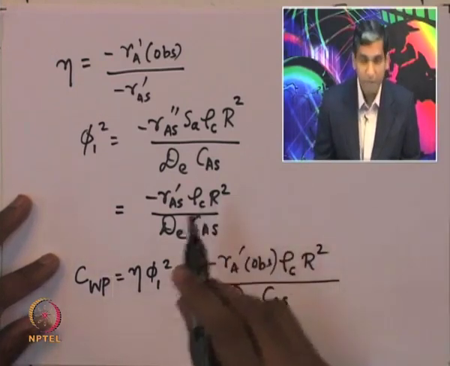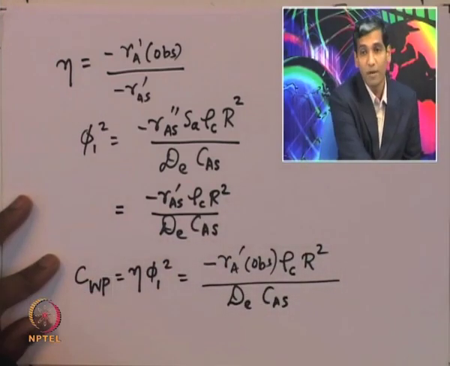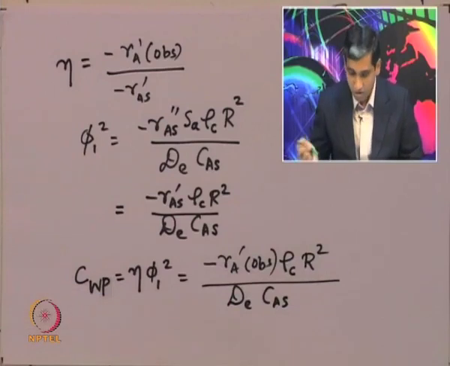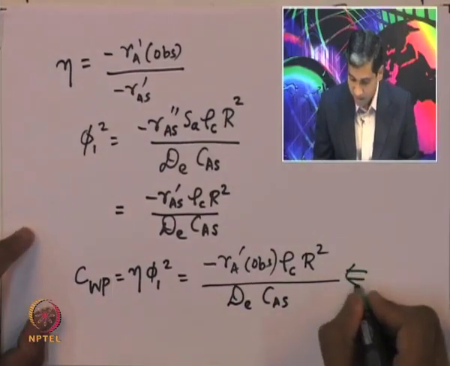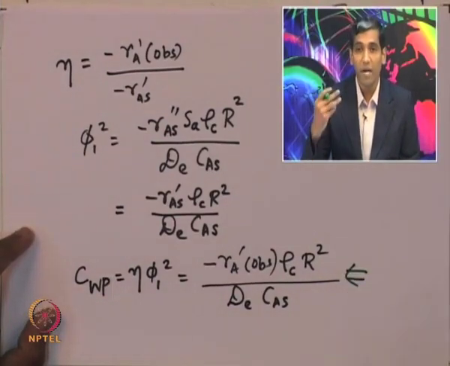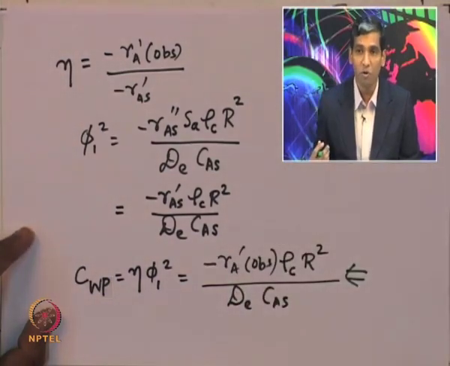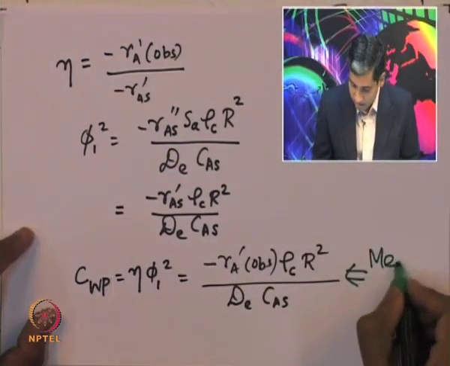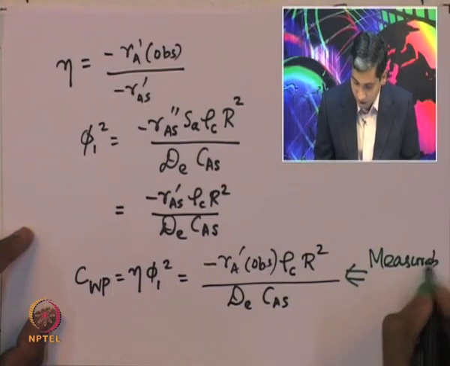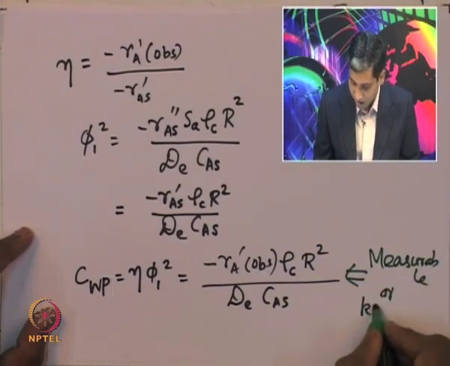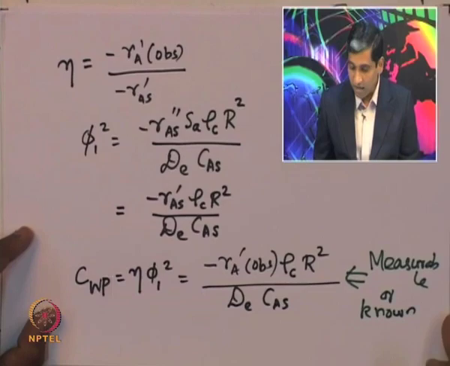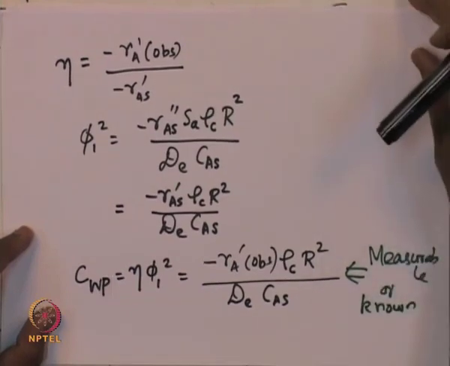Now, if we observe this expression carefully, we find that all the quantities represented here are either measurable or known quantities.